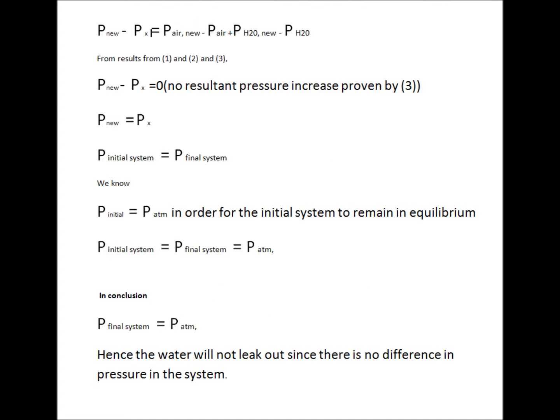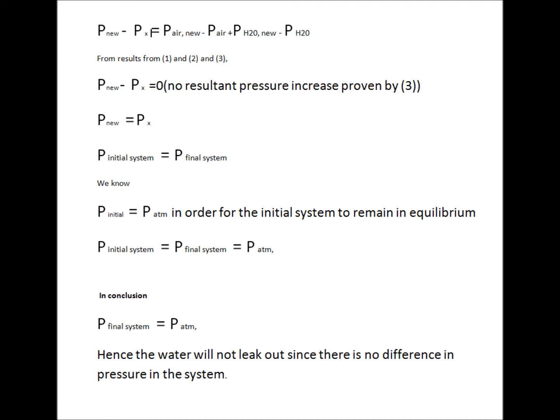The new pressure minus the initial pressure will be given by the new pressure of the air minus the initial pressure of the air in the system, plus the new pressure of the water minus the initial pressure of the water in the system. We know that there's no resultant change of pressure in that of air.